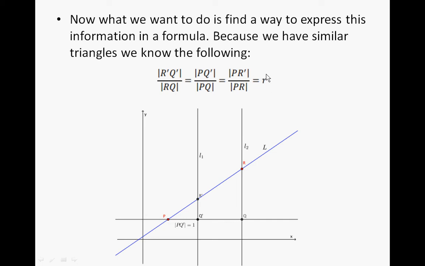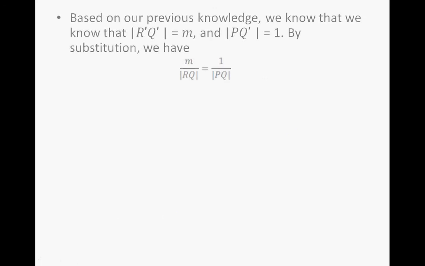The reason is that we have a scale factor. So based on our previous knowledge, if R prime Q prime is equal to m and PQ prime is equal to 1, then by substitution we replace R prime Q prime with m, and we replace PQ prime with 1.